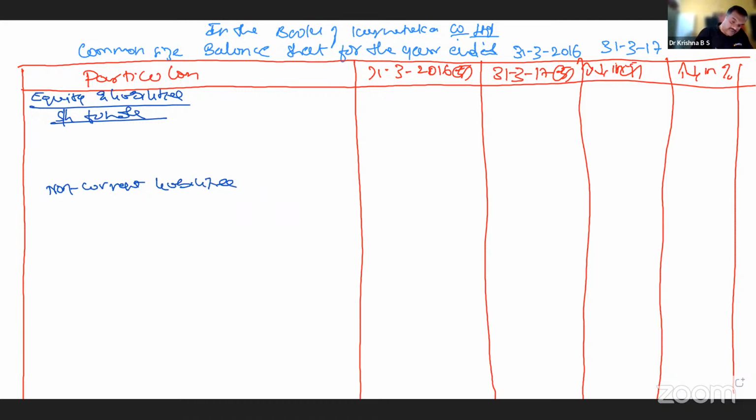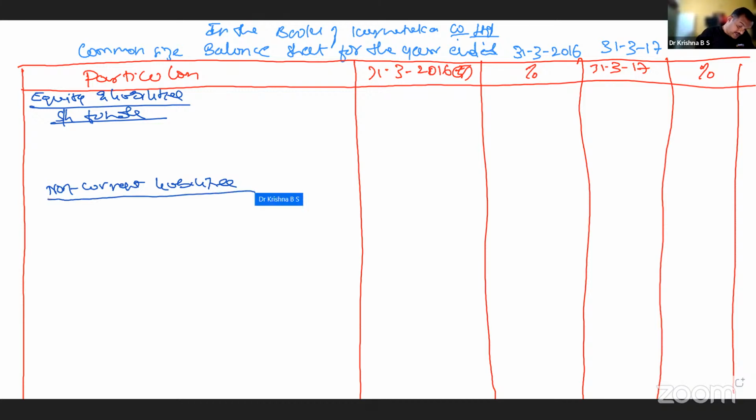What common size ಮಾಡ್ತಾ ಇದೀವಲ್ವಾ? Here is not increase or decrease. So this is the format. Okay, 31st 3 2017, 31st 3 2016 percentage, 31st 3 2017 percentage, right?